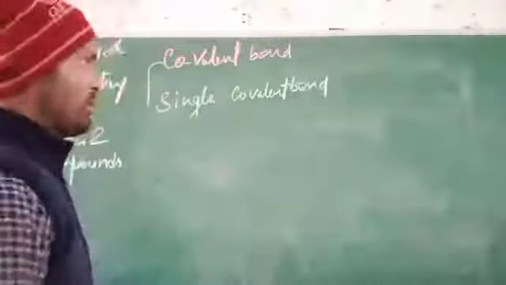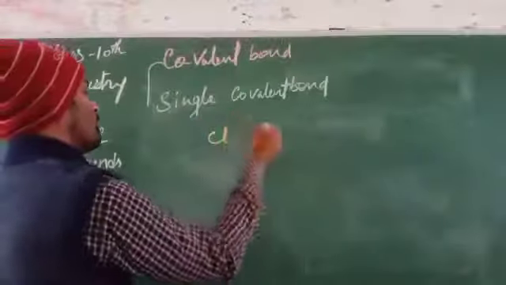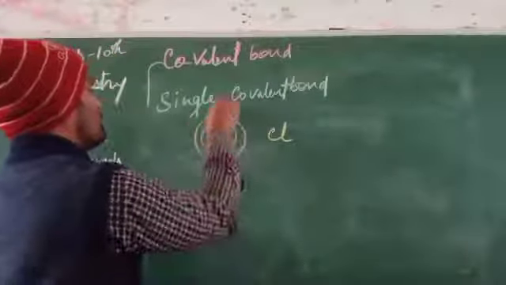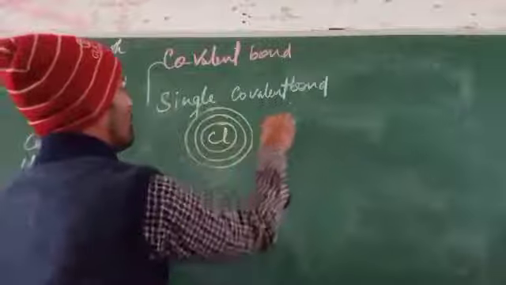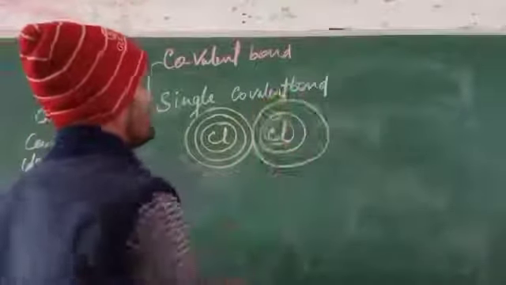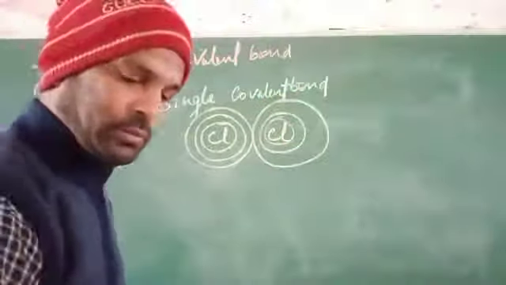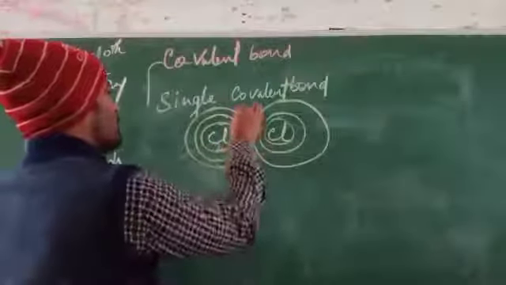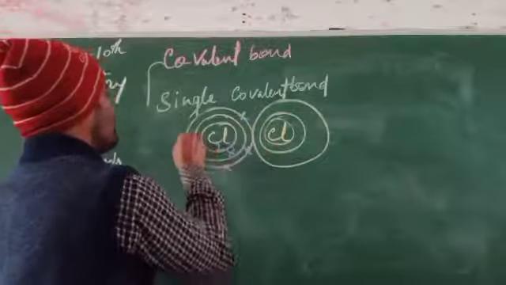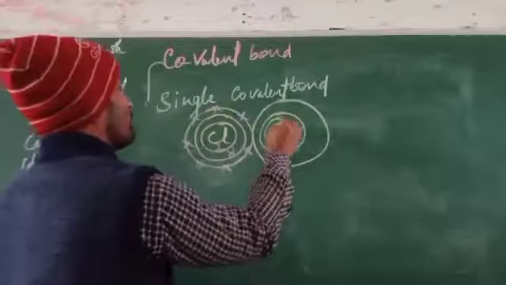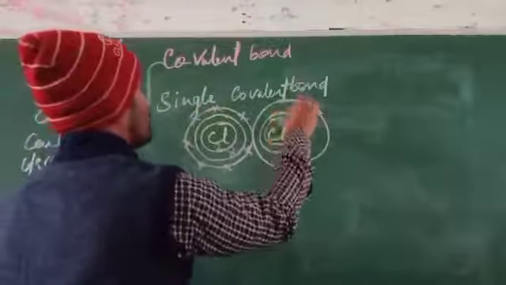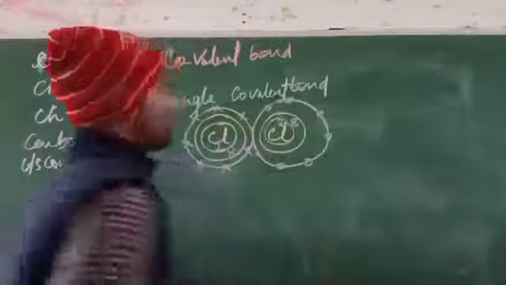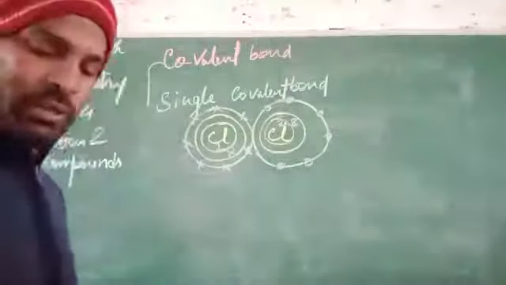Here we write chlorine and chlorine, with electrons 2, 8, 7 in each case.